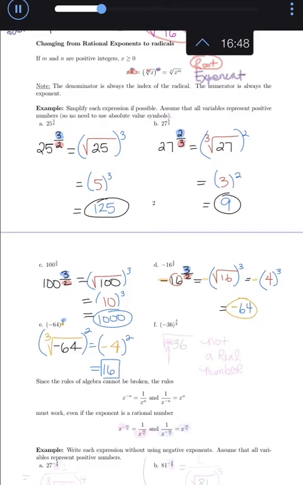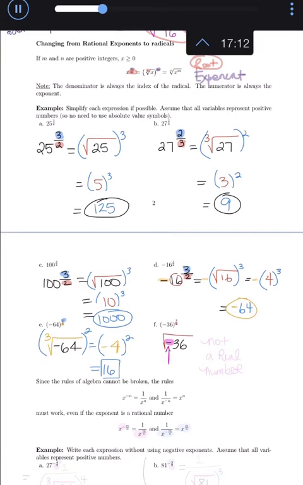Let's look at F. Again, starting with the denominator, we have a 2 on the bottom, which means a square root. Because of the parentheses, there's a negative 36 inside of the square root. This means we have a negative inside of an even root.